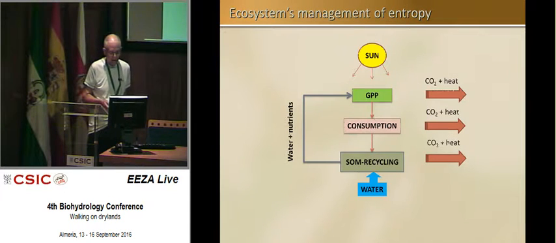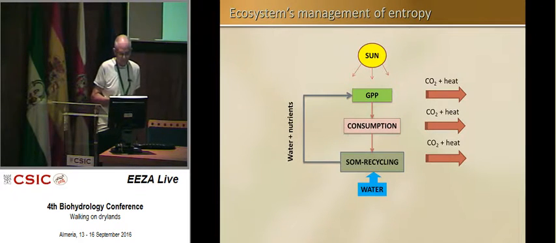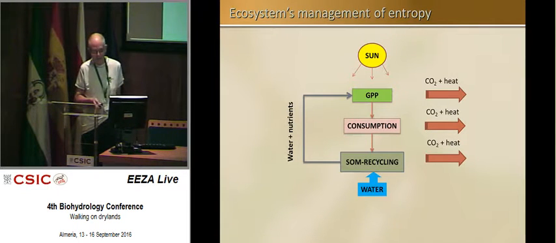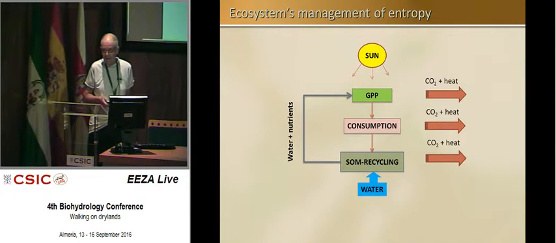Okay. Let's go to an ecosystem. Very simple. An ecosystem is the sun that provides exergy. This exergy works in living gross primary productivity, and in doing that it produces entropy, and this entropy is heat, which is the way most dissipated of energy, heat and matter.